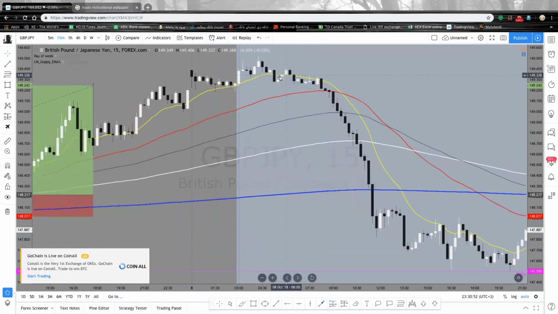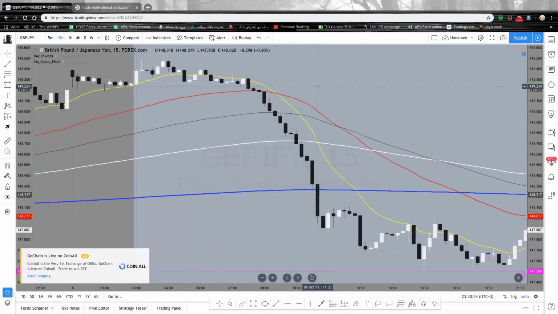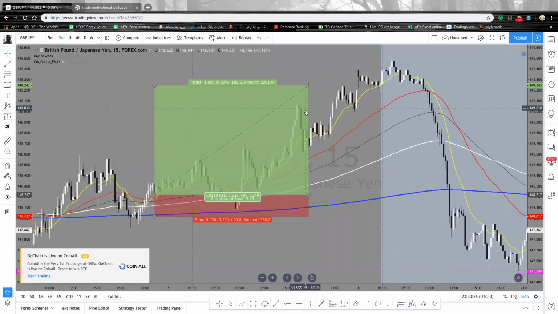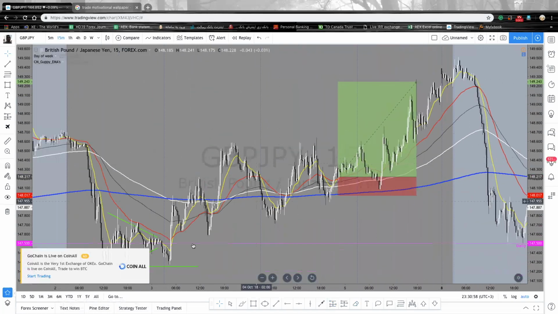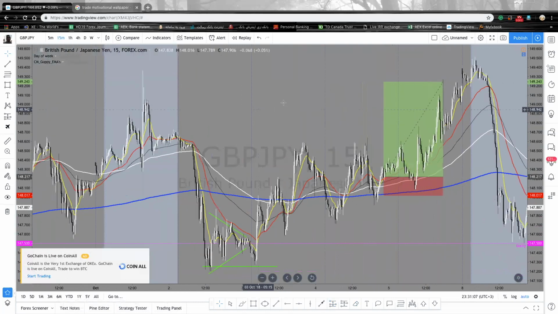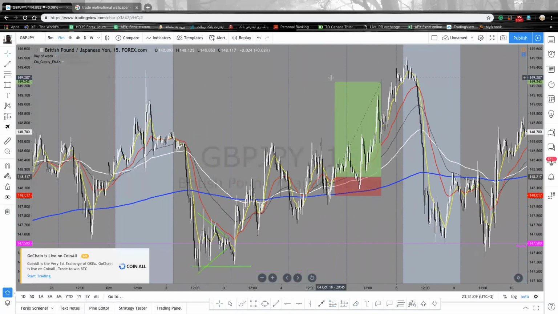There are people I know trading with only one EMA. So same as you knew it's a buy here, same as you knew it's a buy here, near this high you should see the sell.